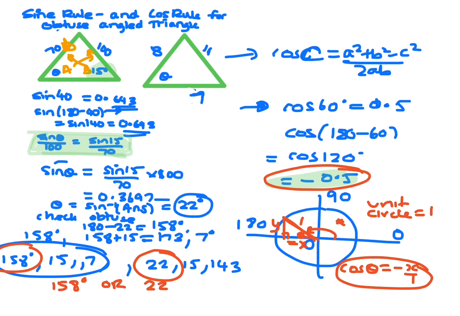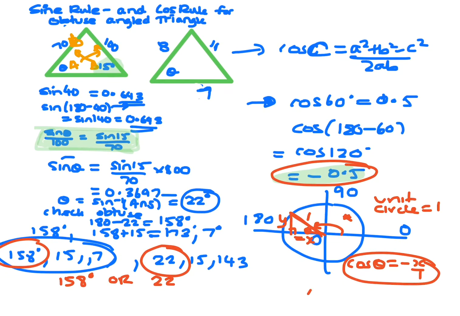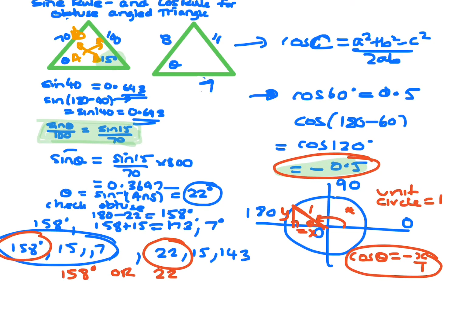So the beauty of that is that when you then go to find your angle, let's look at the first one up the top there. When we go to find that, we go cos theta equals 8 squared plus 7 squared minus 11 squared, over 2 times 8 times 7. So 8 squared plus 7 squared minus 11 squared is minus 8.